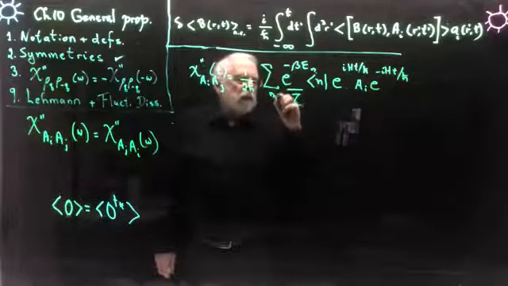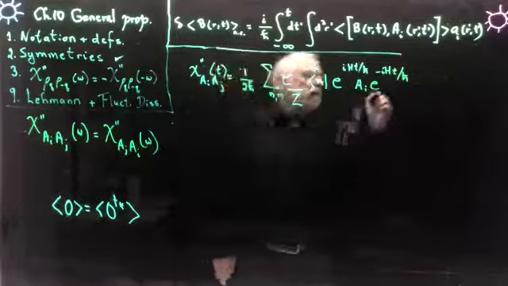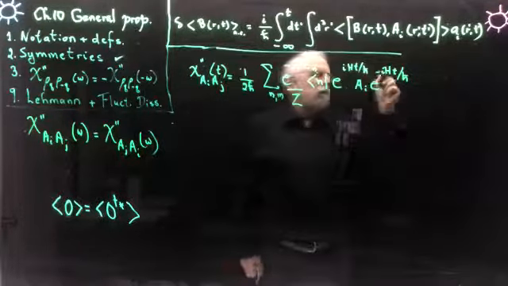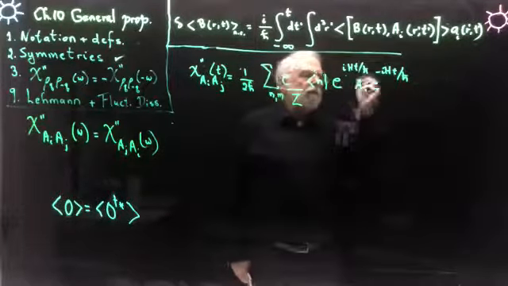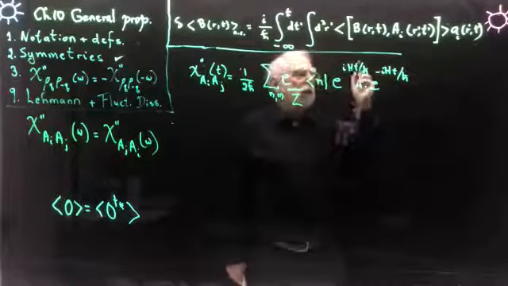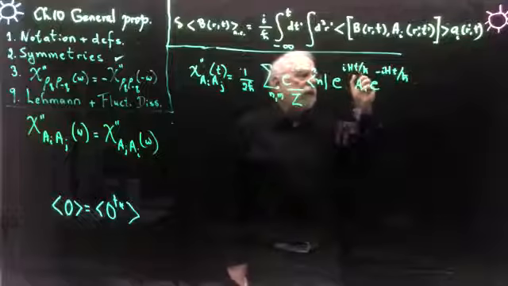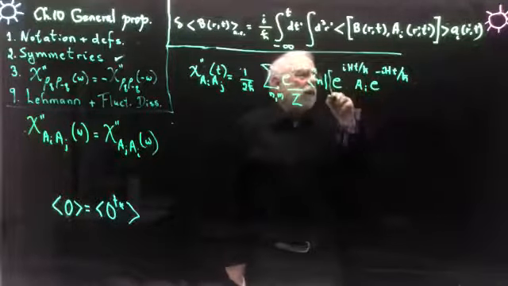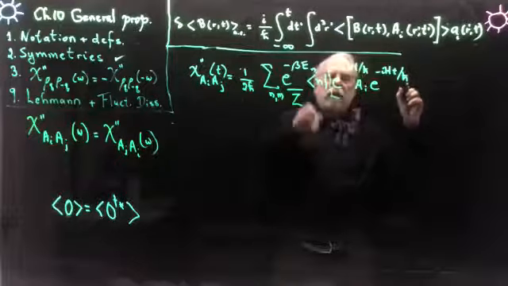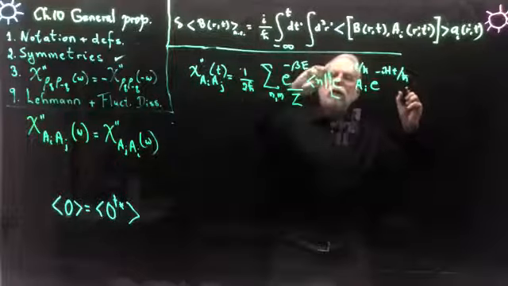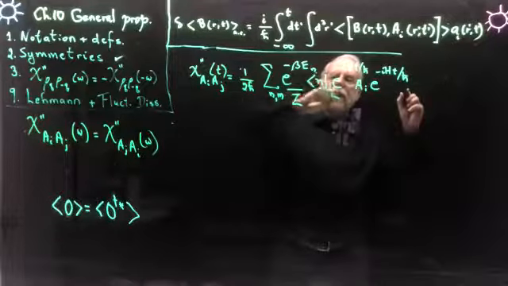Now let me put a complete set of states here. And I have a commutator also, so I need to not forget that I have a commutator. So I will do the two sides of the commutator separately.